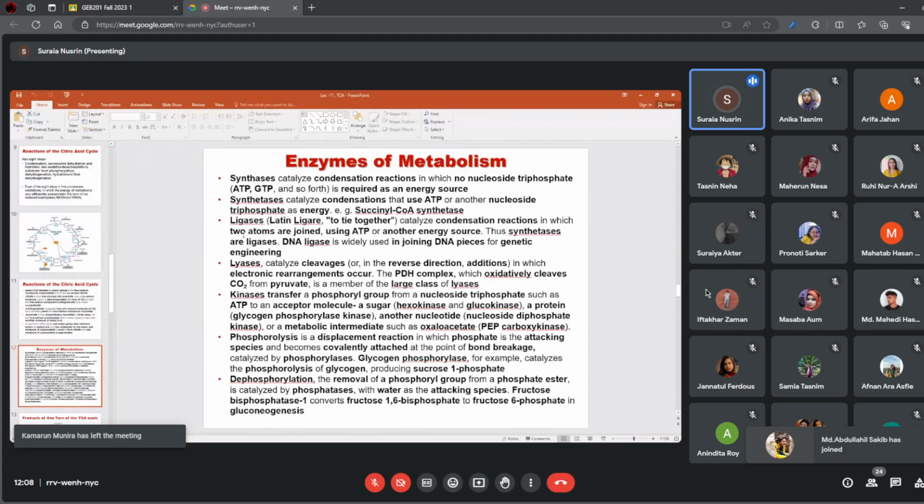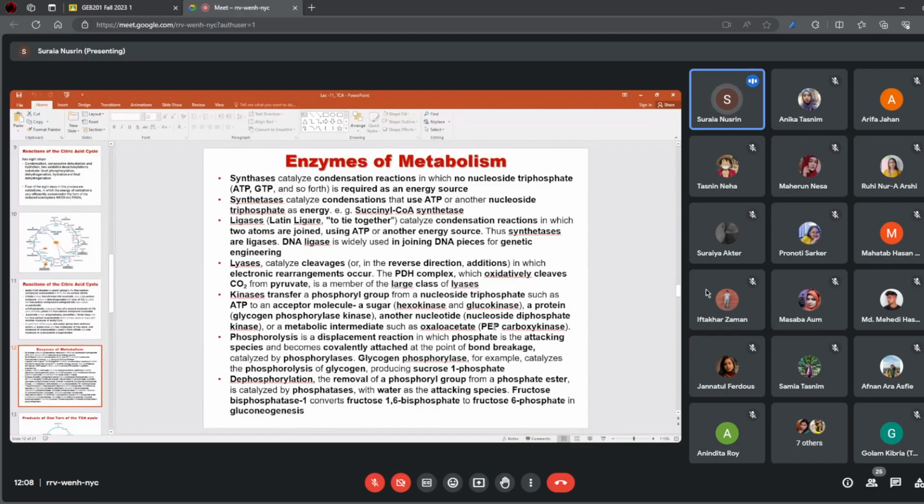And next comes ligases. Ligases again do the condensation reaction. The word ligase comes from the Latin word ligare, which means tying together. And in this reaction, when the two molecules are joined, again this reaction requires ATP or energy.